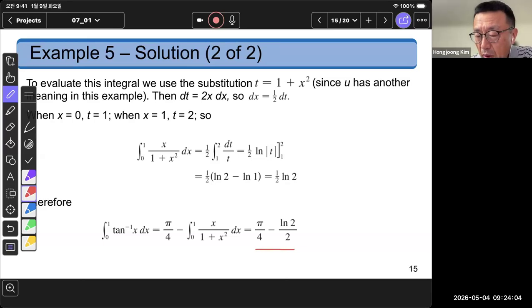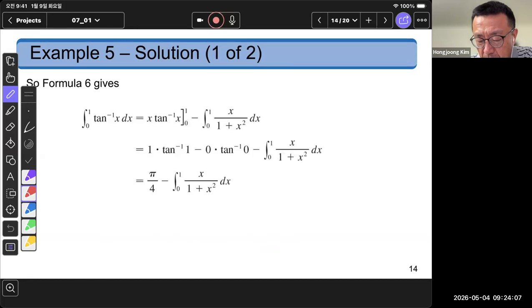Okay, so let me go back. As I said, we want to integrate the arctangent, and at this point, what did I do? I considered the arctangent of x as the product of arctangent of x times 1. And then I considered this 1 as my g prime of x, while arctangent as f of x.